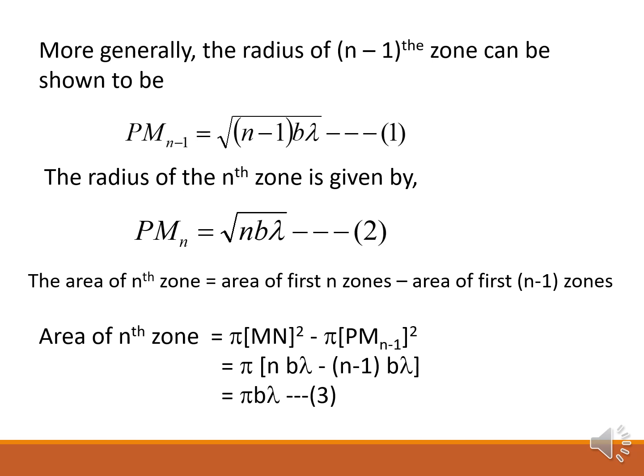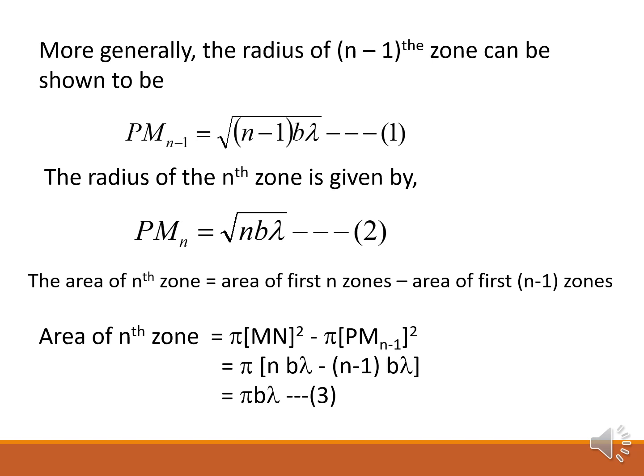Therefore, the difference of these two will give you the area of the nth zone. Now area of the nth zone is equal to pi PMn squared minus pi PM(n-1) squared, that is pi into brackets nB lambda minus (n-1) B lambda, where we get this as pi B lambda.